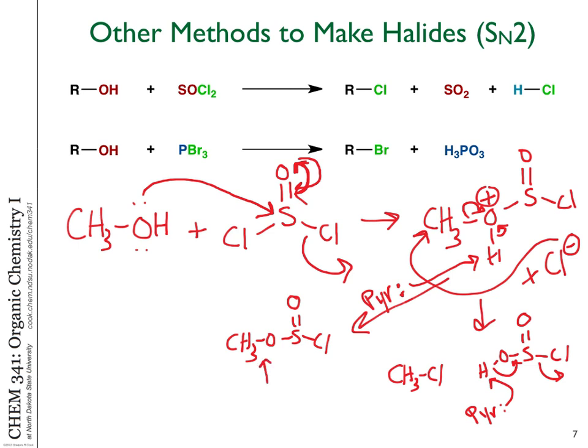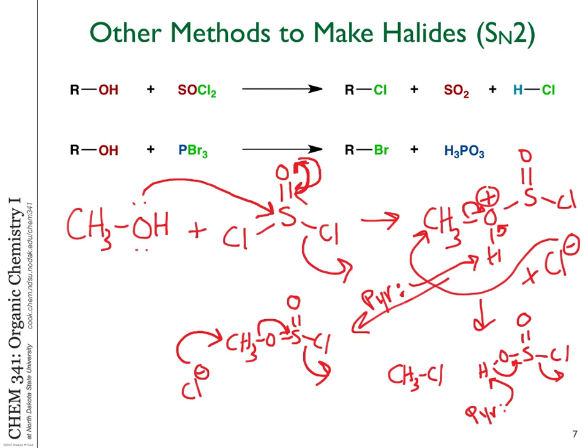If that bond is still being weakened, then the chloride, if you follow all my electron movements, can react on the carbon. That kicks off the CO bond towards the sulfur, and then that chloride comes off. So that would form exactly the same thing. Okay, so have you followed all this?